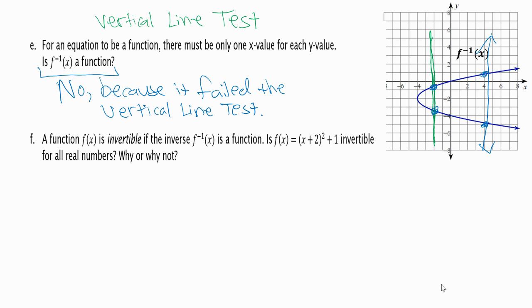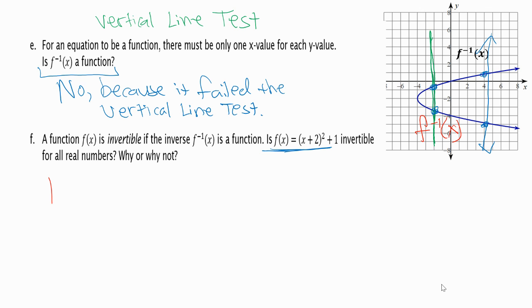The last part then says a function f of x is invertible if the inverse is a function. Is f of x plus 2 quantity squared plus 1 invertible? So this was our function. This is the graph of the inverse.